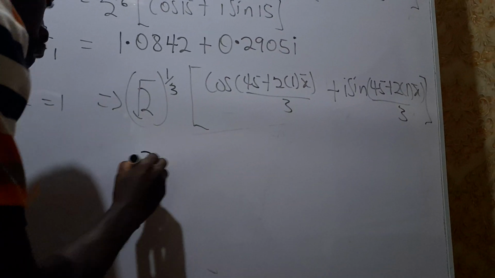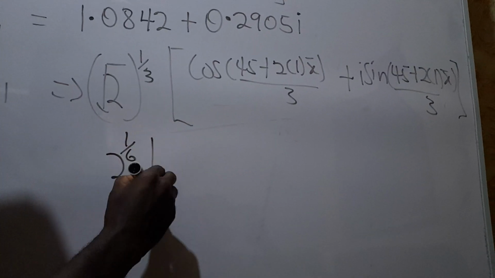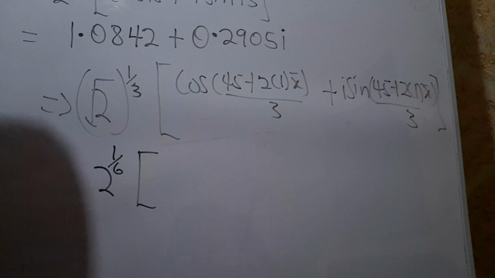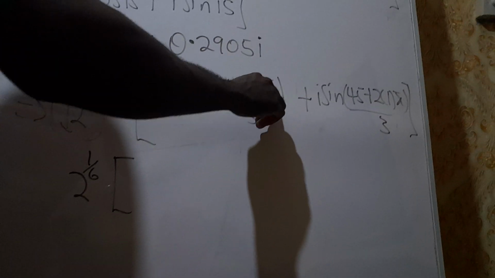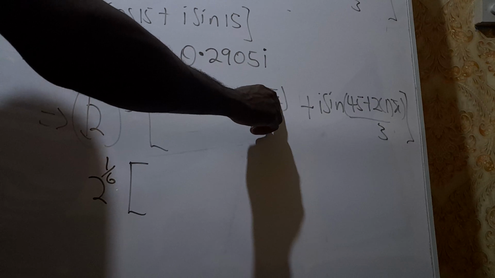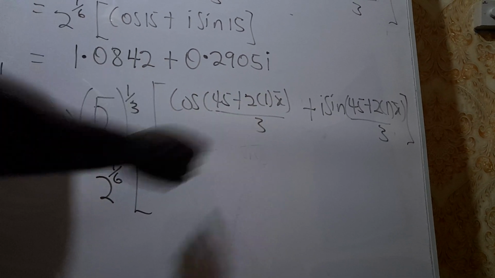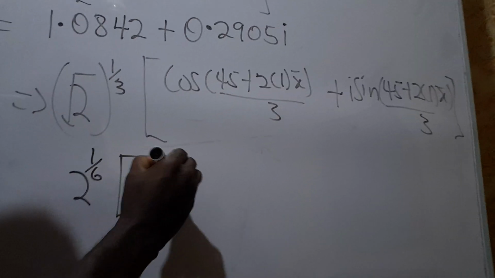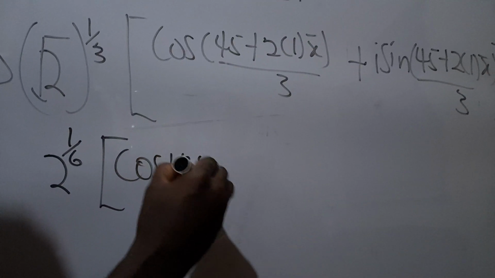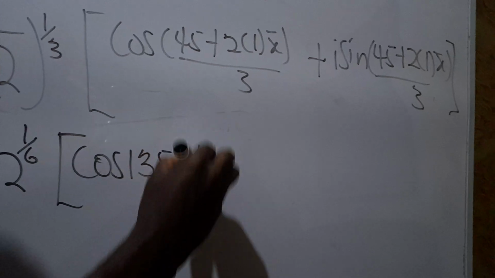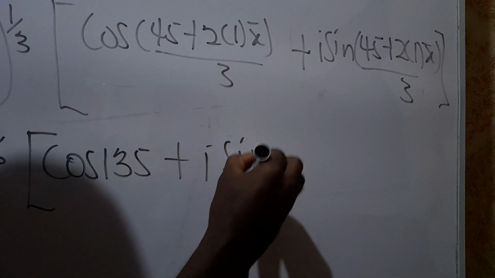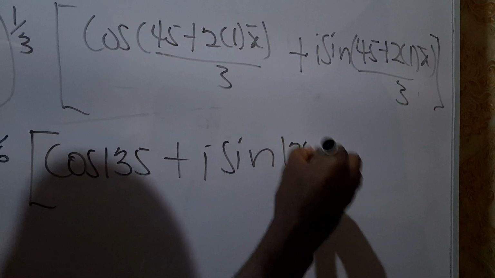So this will give us 2 exponent 1/6. Then this, remember, this pi is in radians, so it's 180. 180 times 2 will be 360, plus 45, divided by 3 will give us 135. We have cos 135 plus I sine, the same thing there, 135.